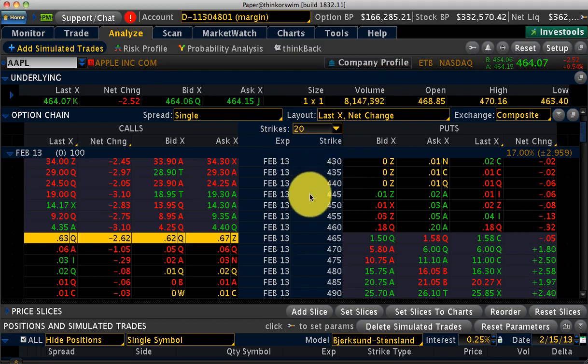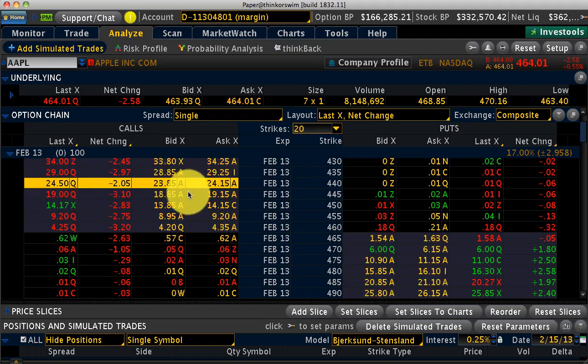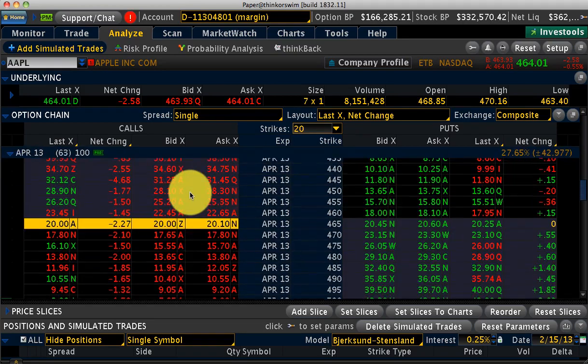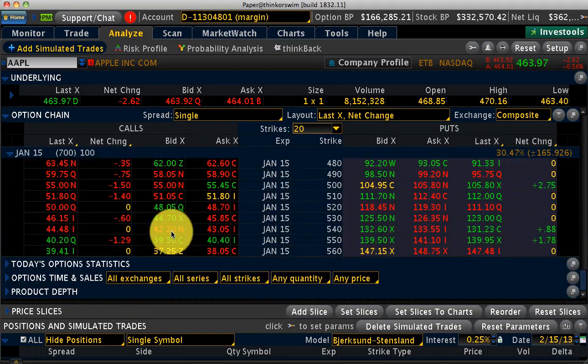Just to give you an example, the intrinsic value does not get eroded with time decay. Let's look at the 440 call, which has an intrinsic value of about $24.50. Now we go all the way down to the 2015 option.